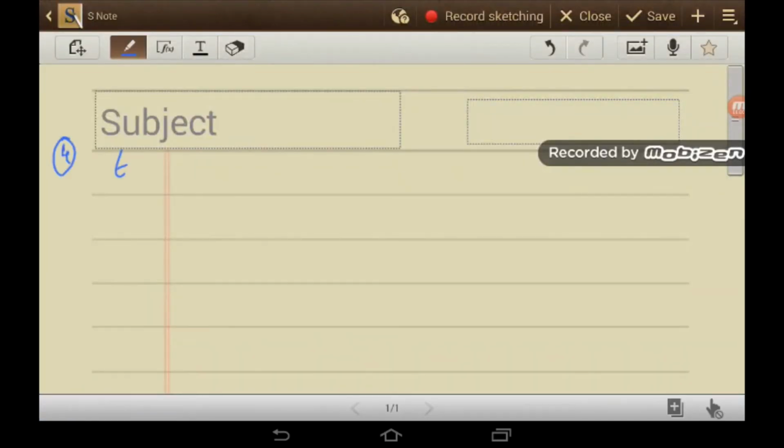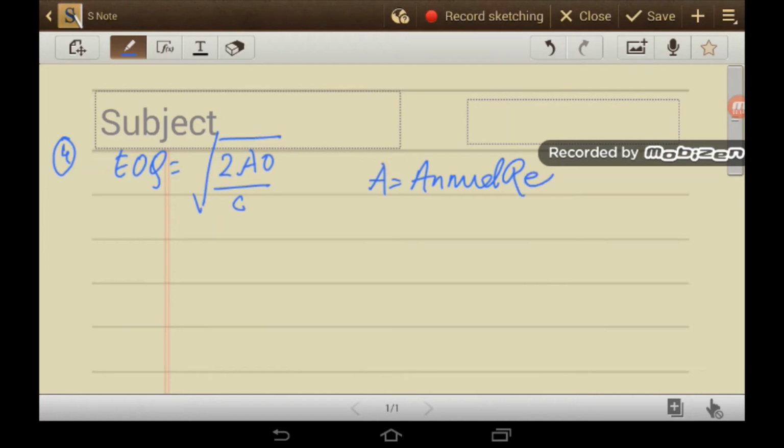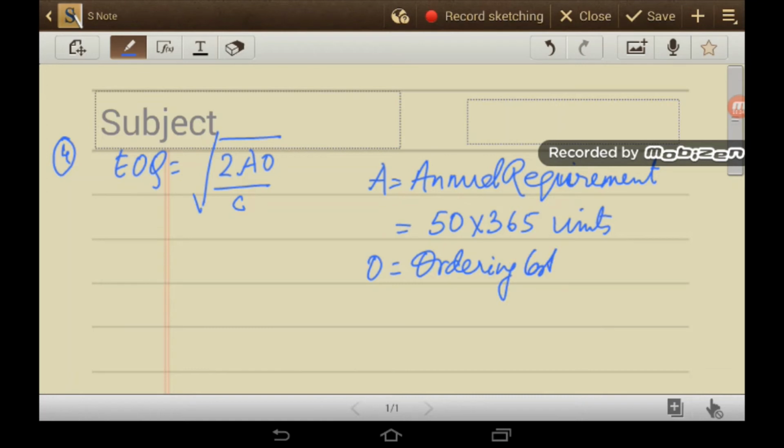So EOQ is given by the formula square root of 2AO by C. So A is the annual requirement. So here 50 units per day into 365 days. O is the ordering cost per order.